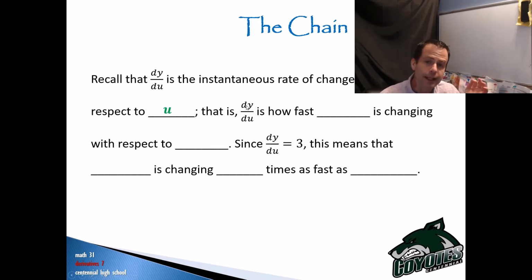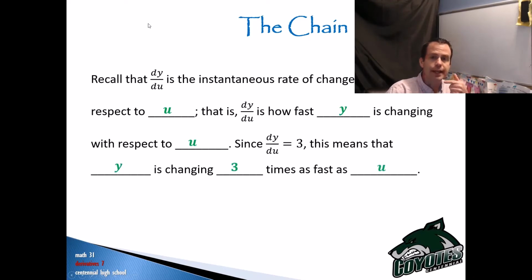It means the derivative of y with respect to u is how fast y is changing with respect to u. Since dy over du is 3, that means y is changing 3 times as fast as u.